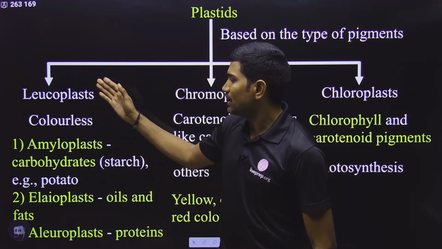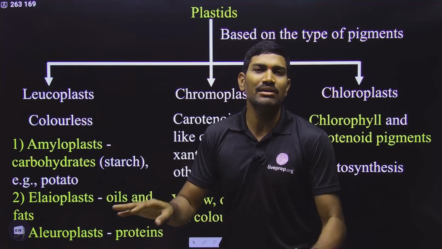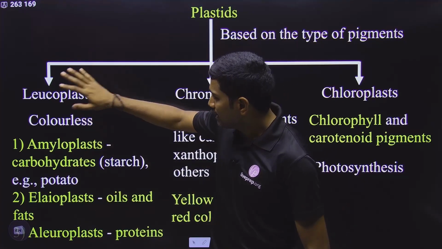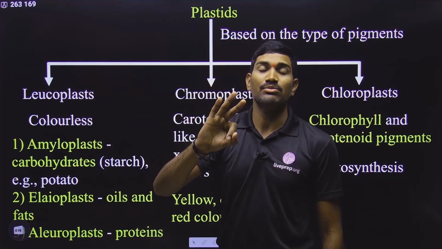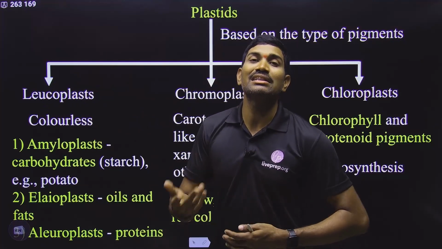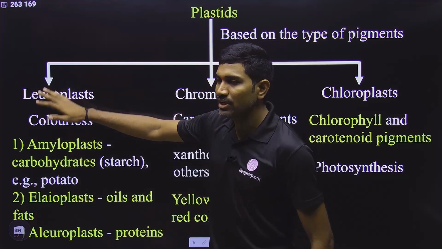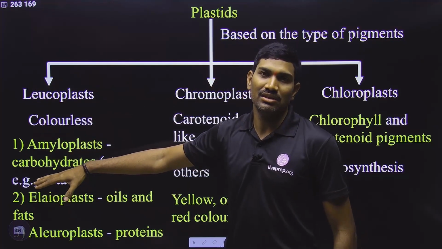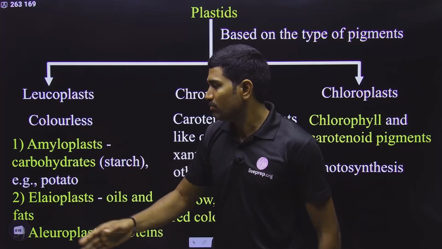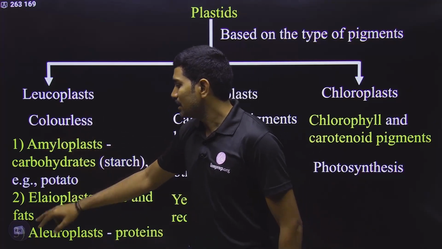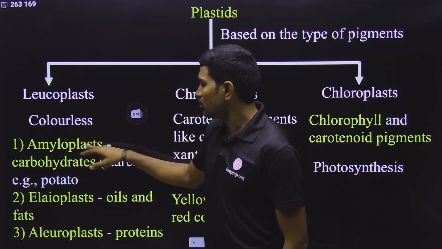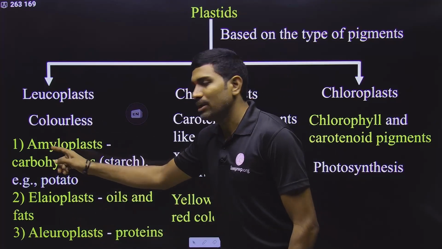Leucoplasts are the colorless plastids. They don't have any pigments. Leucoplasts are divided into three types based on the type of material stored. Generally, leucoplasts are involved in storage of nutrients. First, amyloplasts.